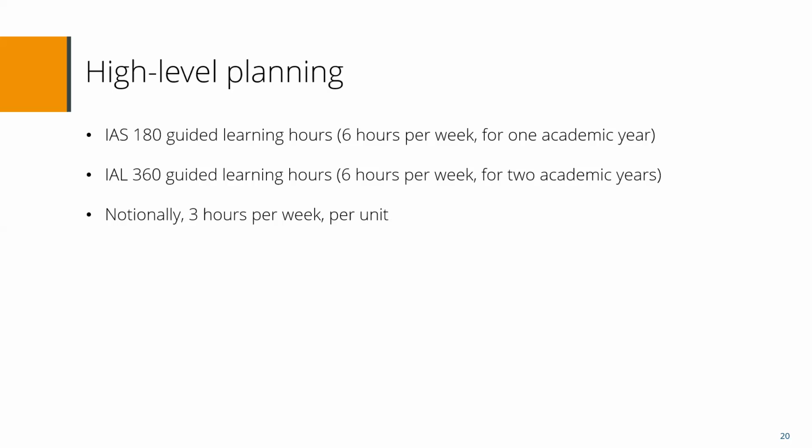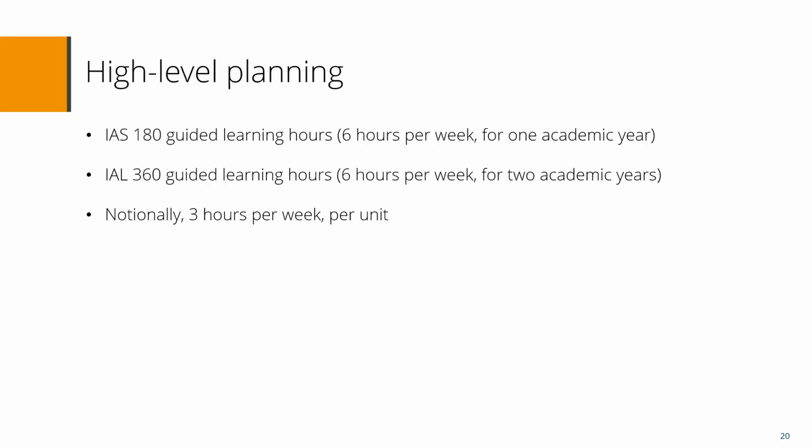So it works out notionally 3 hours per week per unit. If you've not got that time, and you're near, fine. If you've got 2.5 hours per week per unit, just about okay. But if you've got 2 hours per week per unit, you've not got enough time.